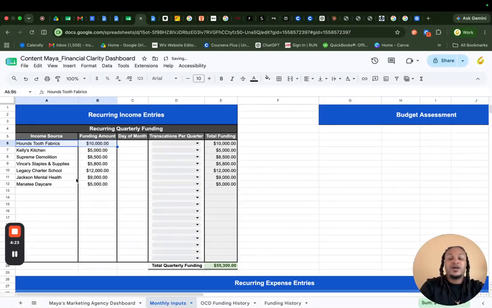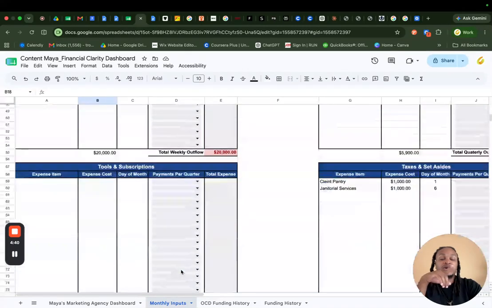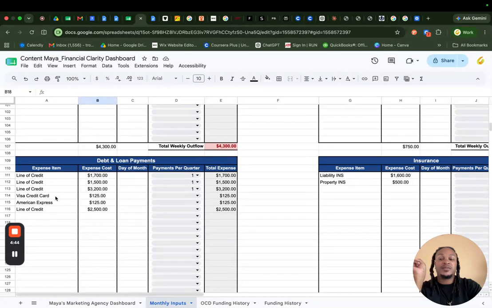So I went from $55,300 a month, I'm getting that number from right down here in green, to $45,300 a month. So I'm lowering my profit, and I also got a new business line of credit and 2 credit cards.